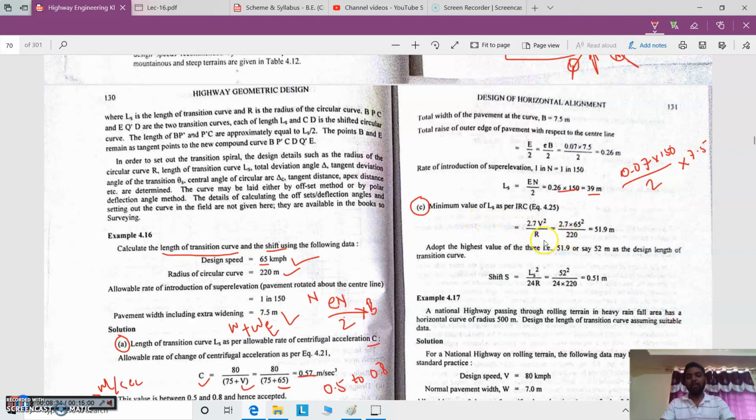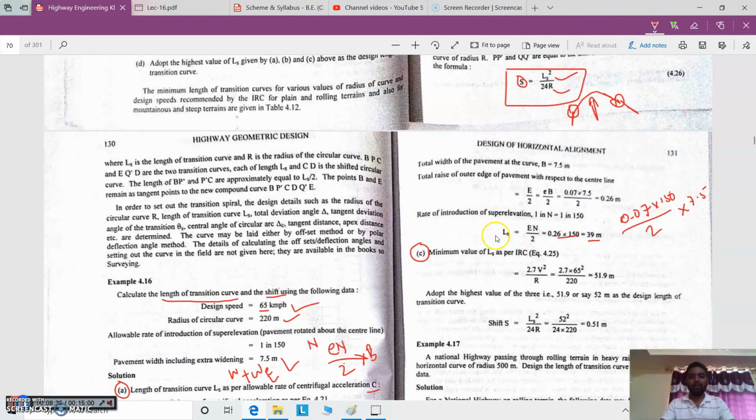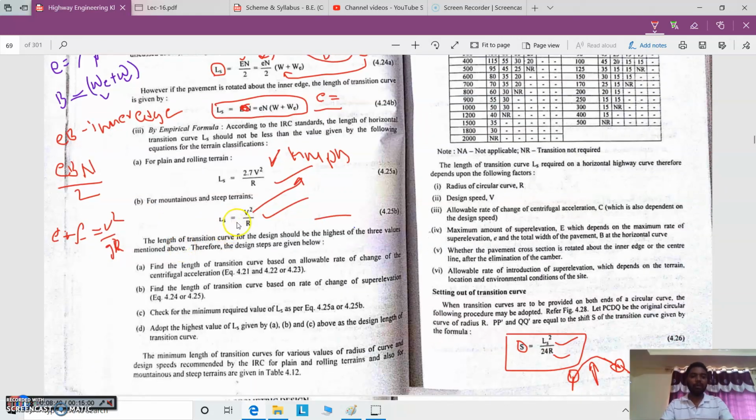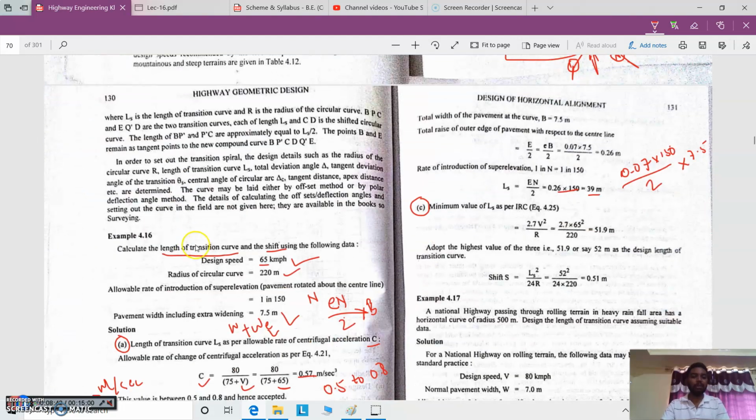For different cases, the cases are plain and rolling terrain and mountain and steep terrains, but in the question the plain terrain is considered. They have not mentioned any steep terrain here, so we have to consider the plain terrain. The plain terrain will give 2.7 V square by R, and V is 65 kmph. Once you substitute, you will be getting 51.9.